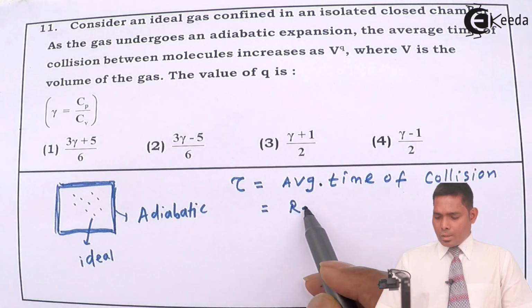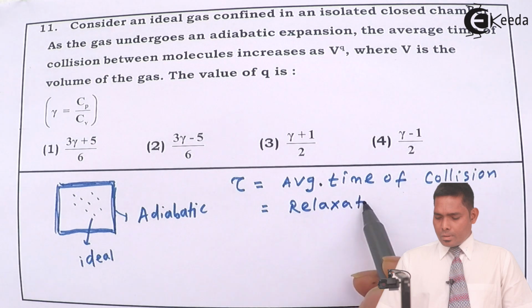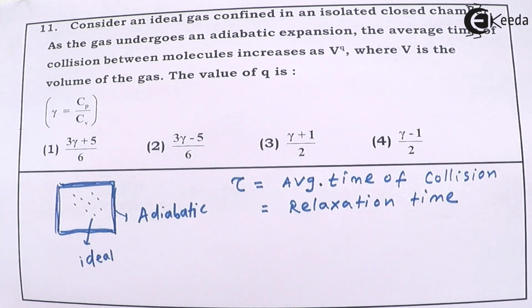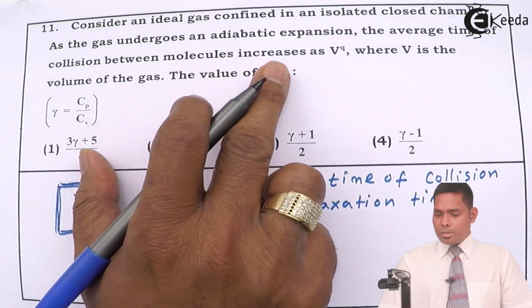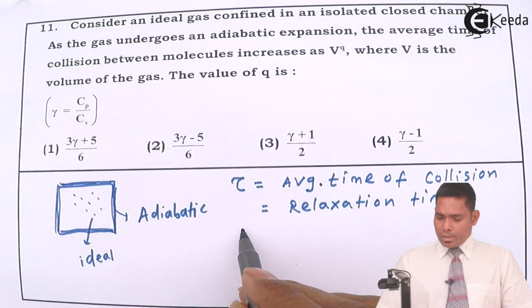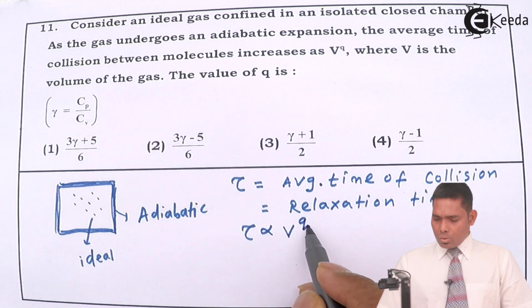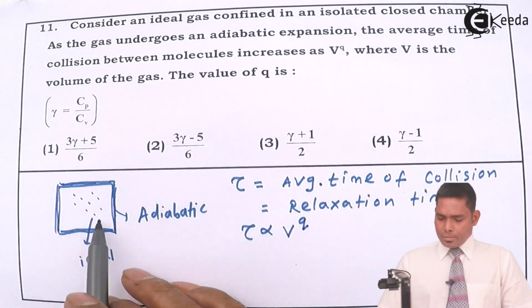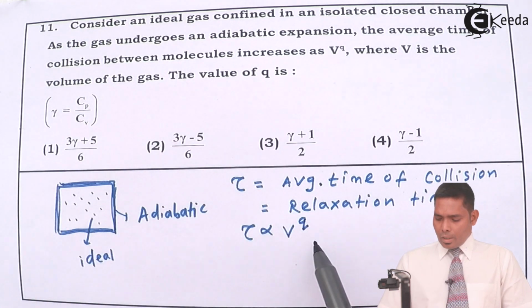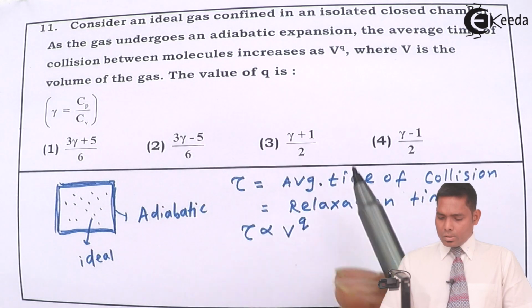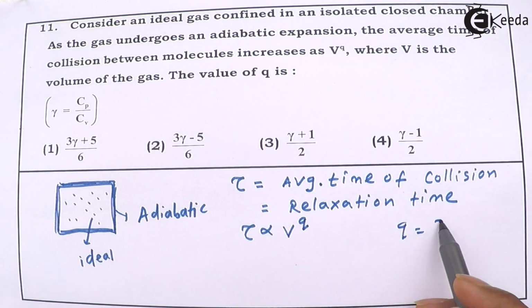Sometimes this is called the average relaxation time. That relaxation time between the molecules increases as it is proportional to V raised to Q, where V is the volume of the gas contained here and Q is a number that you have to find. Then the value of Q is. So Q is to be found.